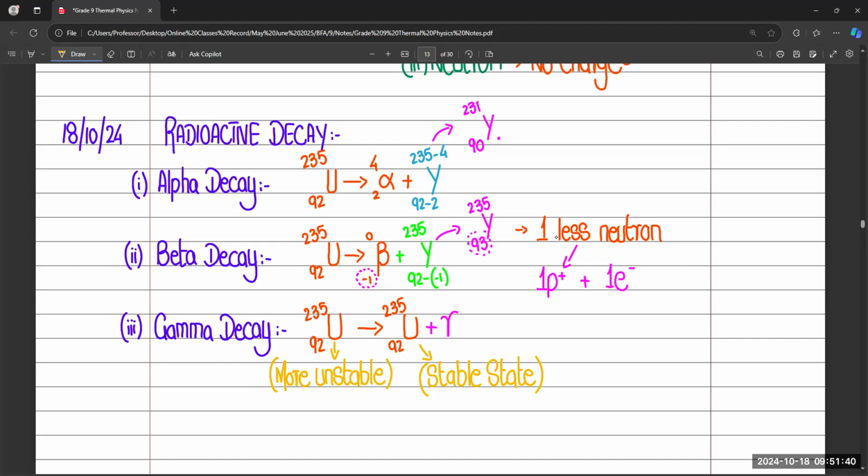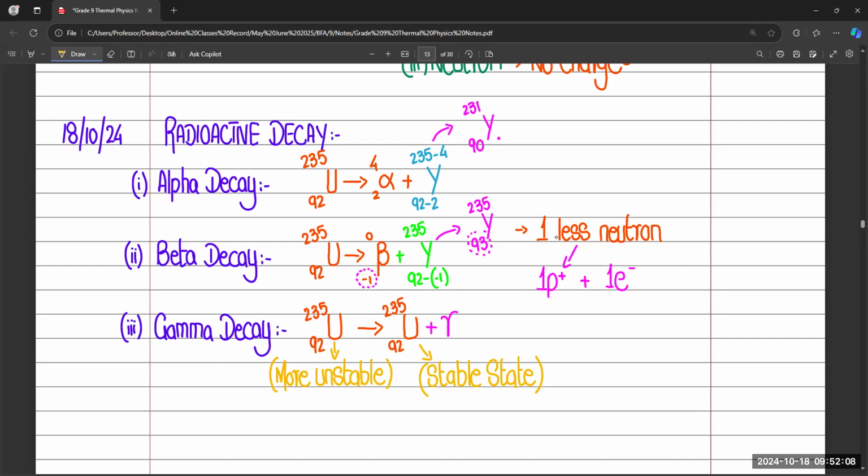So that plus is only the addition of two elements, uranium and gamma. That plus is not for gamma's charge. Whenever we write a charge on any element, we write it in the number of protons or in the atomic mass. Otherwise, we will not write a plus sign anywhere. Okay.